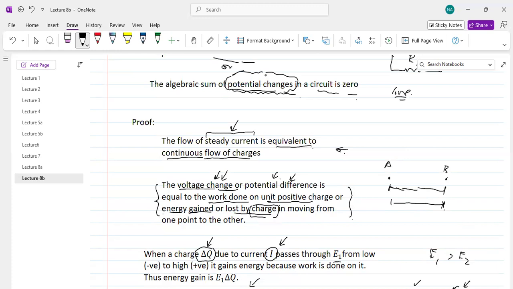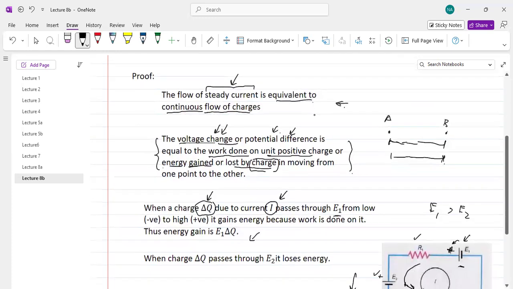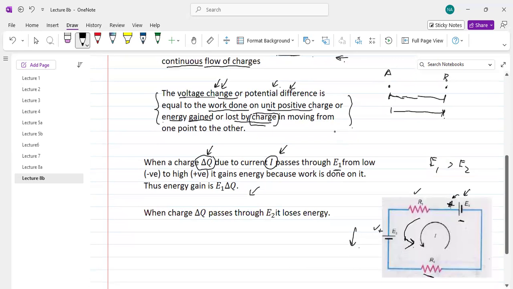But for the present case, we are going to prove that the algebraic sum of potential changes in a circuit is zero. So the method to attack the problem may be somewhat tricky.